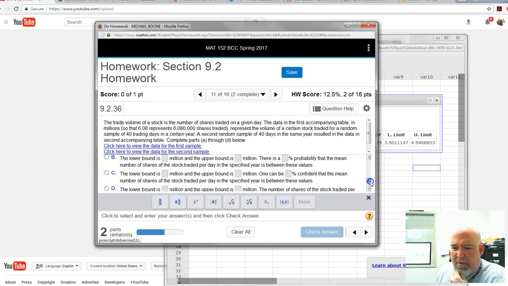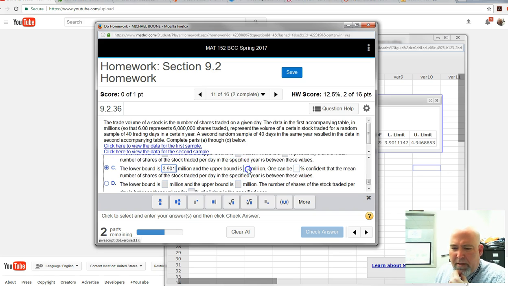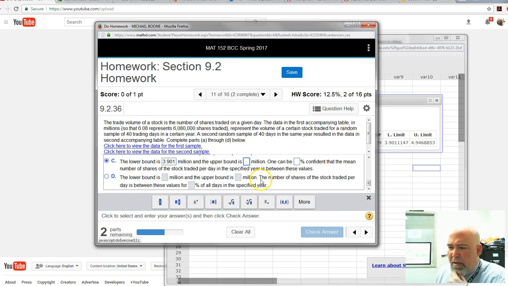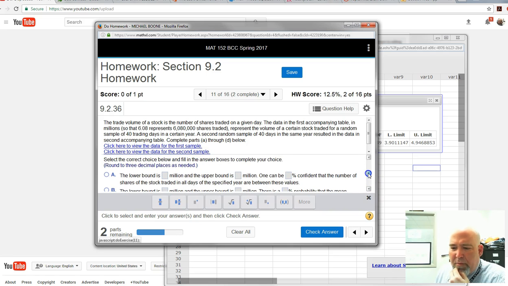And so maybe it should be on the stock traded per day in the specified year between these values. So I like this one. Going into it, it's a 3.901, and this one over here is at 4.947. And again, we said 95% confident. You don't want to say probability, you want to say confident.